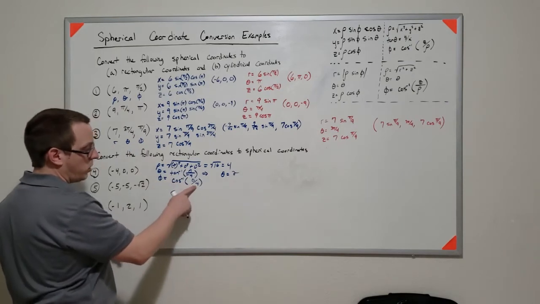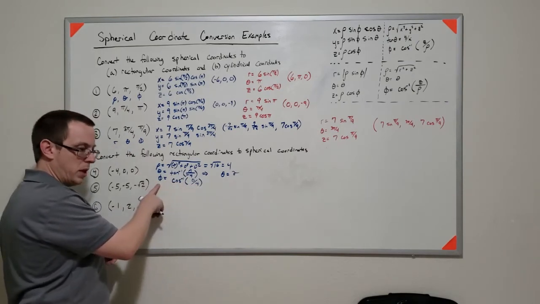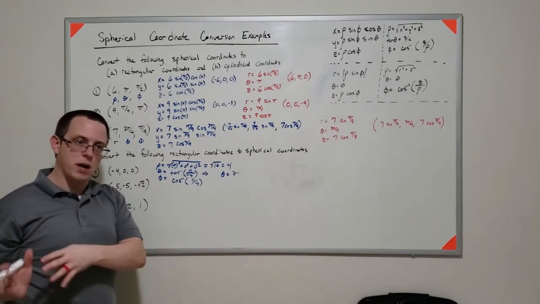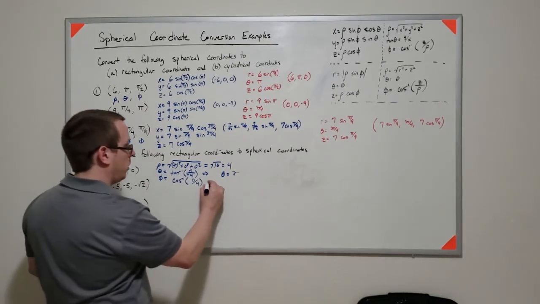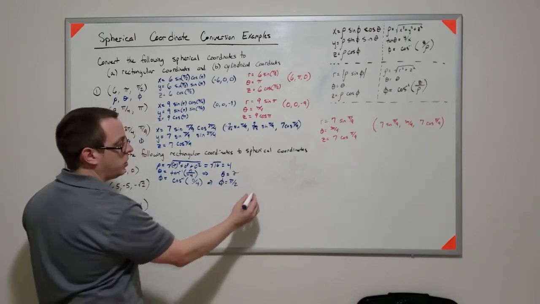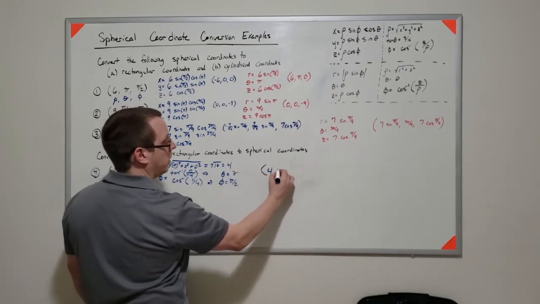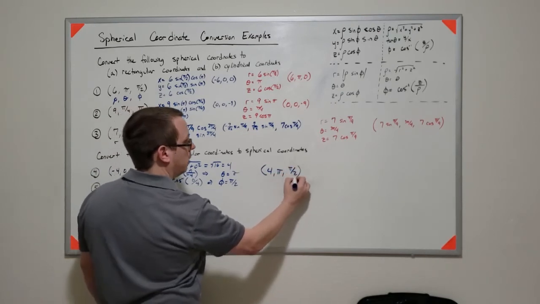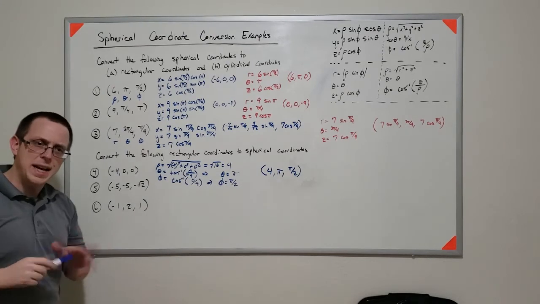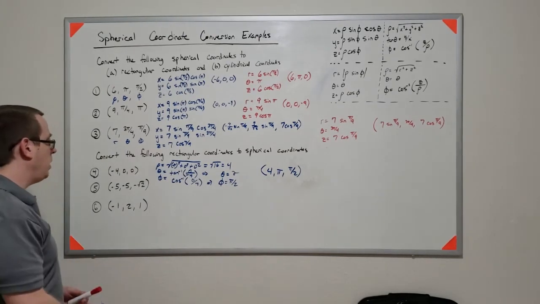My arc cosine of 0 tells me that phi's got to be pi over 2, because cosine of pi over 2 is 0. So phi is pi over 2, which again is what we projected just by thinking about it. It's not always that easy, but it can be.